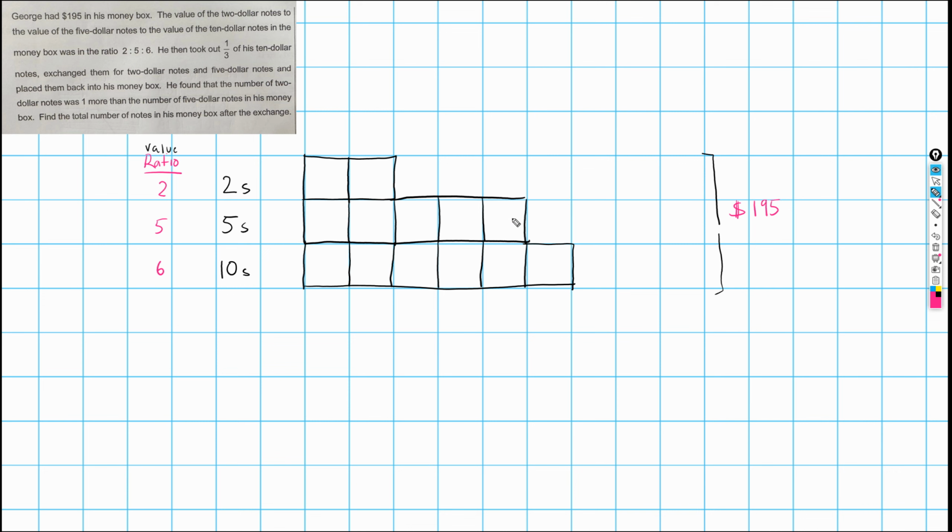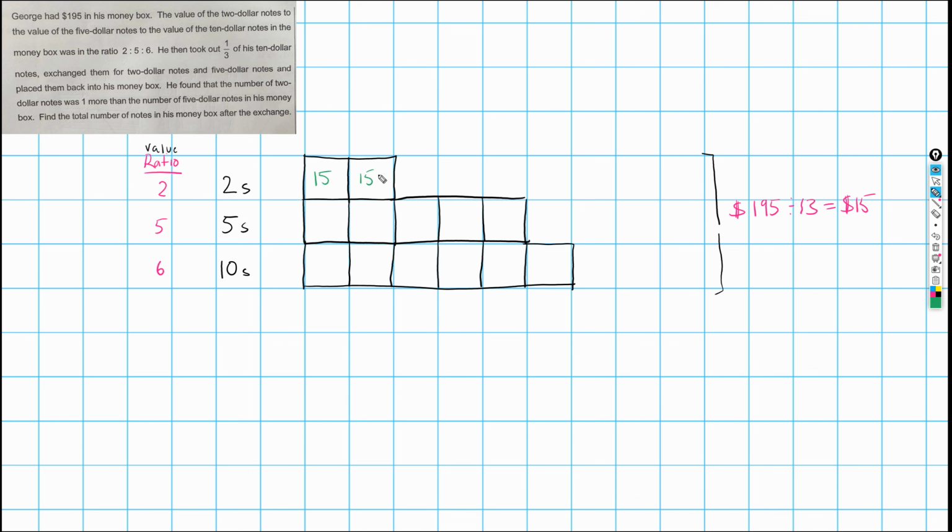We have 6 plus 5 plus 2. That gives us 13 parts altogether, which means we can calculate the value of each of these parts. So 195 divided by 13 gives us 15. Each of these parts has a value of 15.